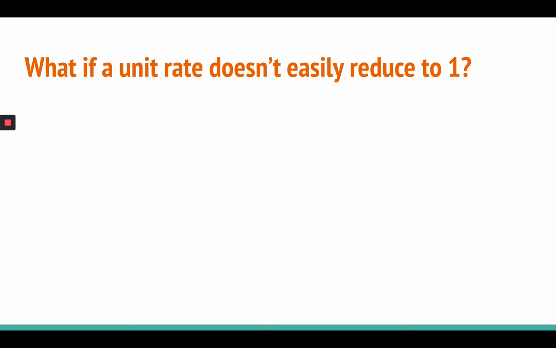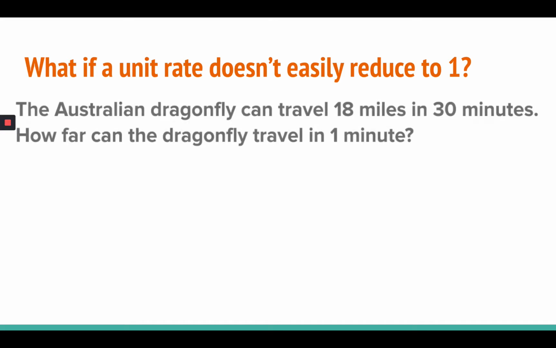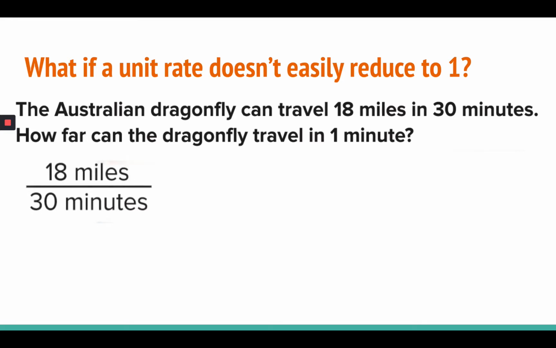What if a unit rate doesn't easily reduce to 1, though? So let's do an example of that. The Australian dragonfly can travel 18 miles in 30 minutes. How far can the dragonfly travel in 1 minute? Okay, 18 miles, 30 minutes. There's a couple ways to do this. You could do it as a decimal. You could do it as a fraction. We're going to do it as a fraction.